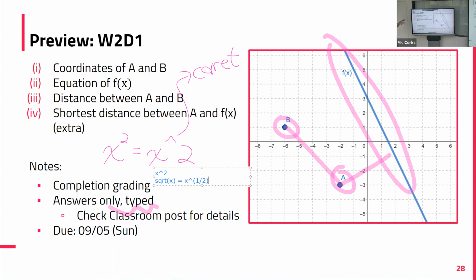Okay, so that's a little annoying to type out, I know, but you can handle it. Or just search Google square root symbol and then copy paste that thing in. That's another way to do it. Okay, so details about all of that will be on the classroom page when this goes up. So those 4 things by end of Sunday.